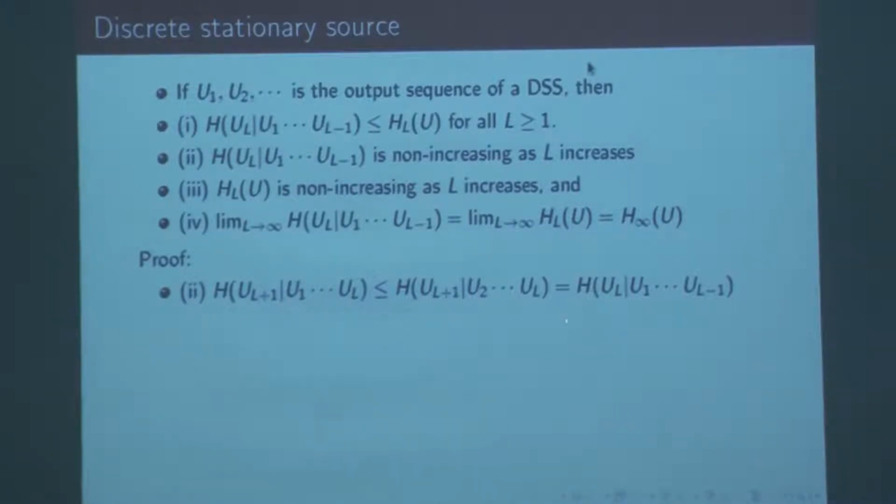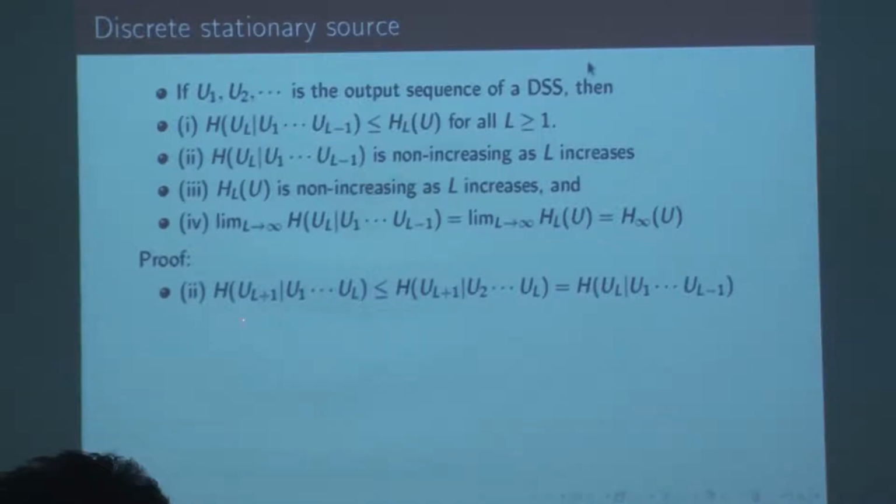Now, I am saying this is the same as H of U_L given U1, U2, U3, ..., U_{L-1}. Why? This is a stationary source. So, remember I said for a stationary source, this will be the same as U_L given U1, U2, ..., U_{L-1}. This follows from the fact that this is a stationary source.